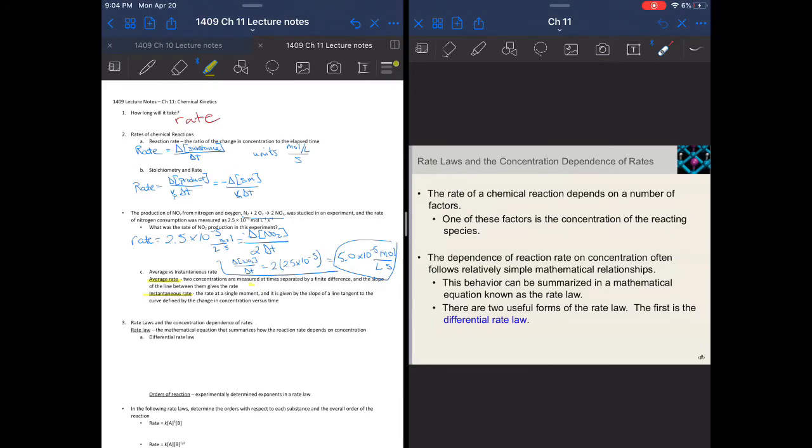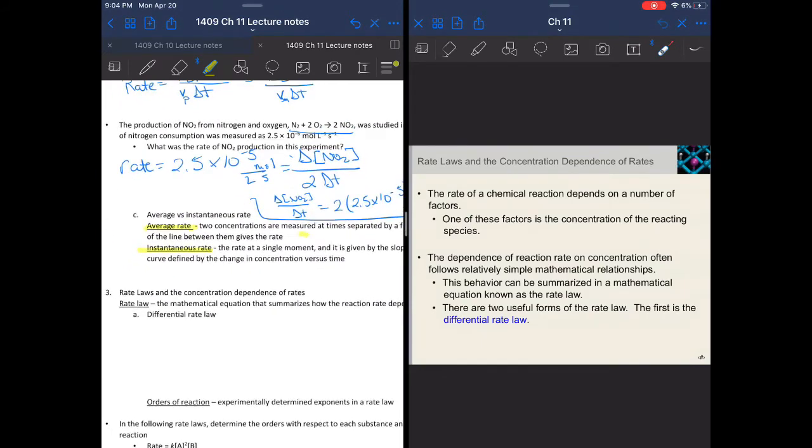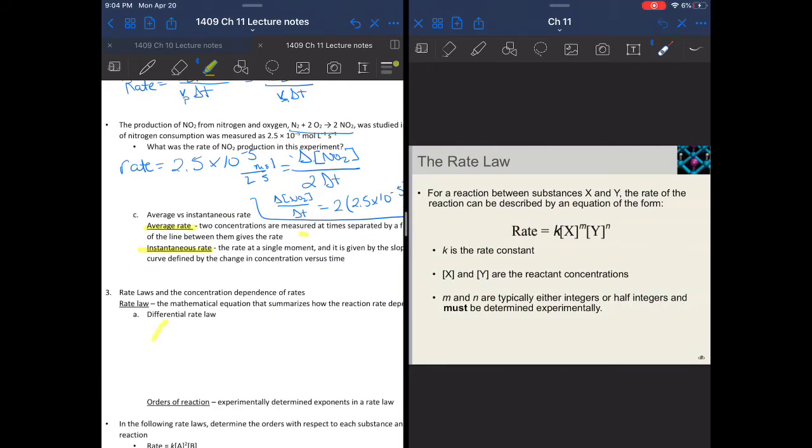We're going to start with the differential rate laws. The differential rate laws have this general form.